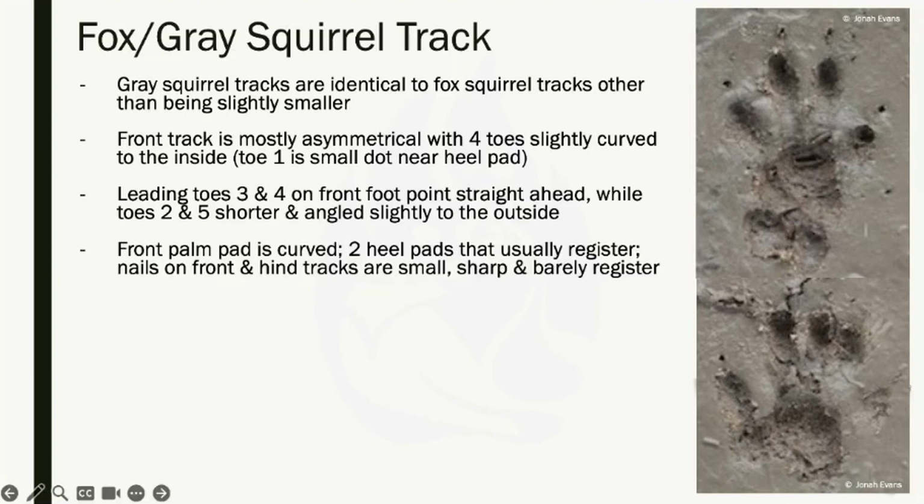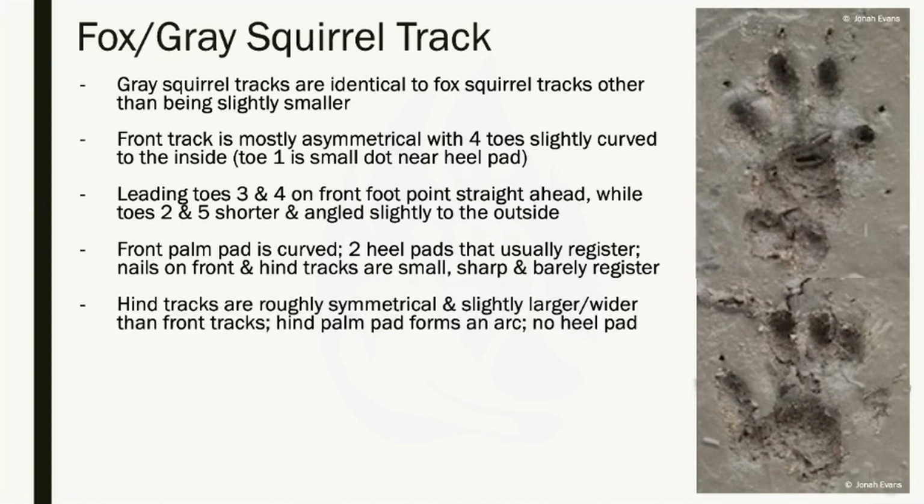The front palm pad is curved, not quite a triangle, almost more a trapezoid shape, if you remember your geometry. You can see nails on squirrels, not all the time, depending on the substrate. They're small and sharp, and you may not see them at all, and the same on the hind foot as well.